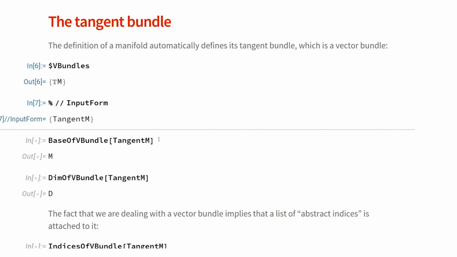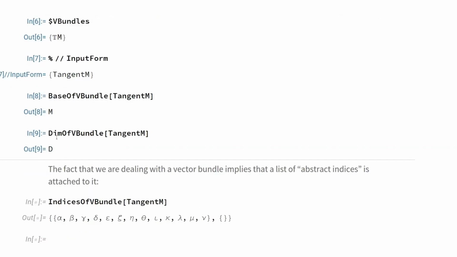We can check that all the ingredients of the definition of a vector bundle are here for this specific bundle. The base manifold of this bundle is the manifold M that we have defined. The dimension of the vector bundle is the dimension of the vector space fibers.